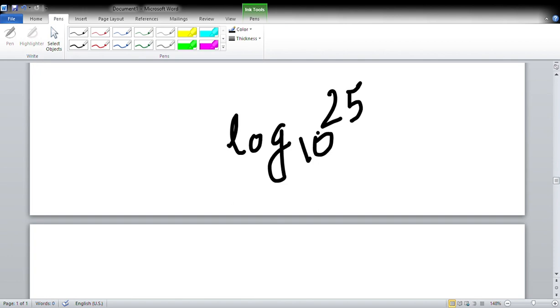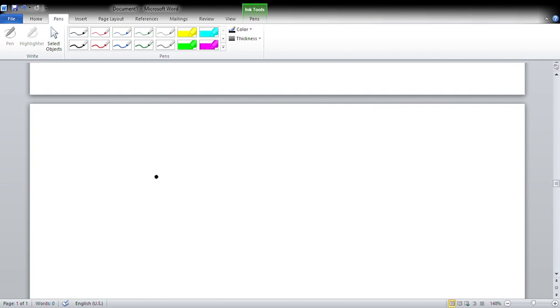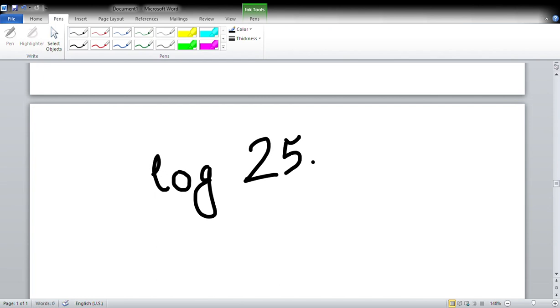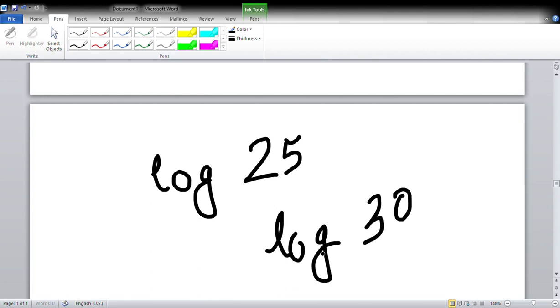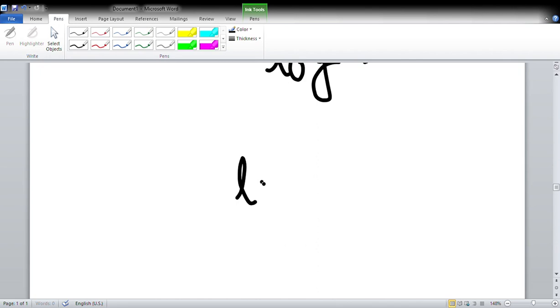Another thing: if there is no base given, suppose you take log 25, there is no base given, so you have to assume the base is 10. If you write log 30 with no base, we assume the base as 10. Log 25 with no base, assume base 10.